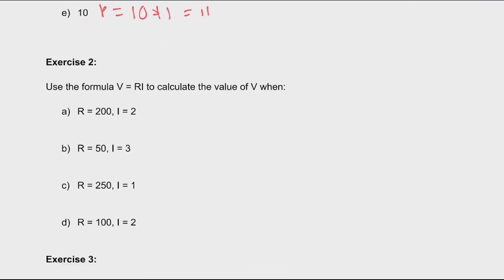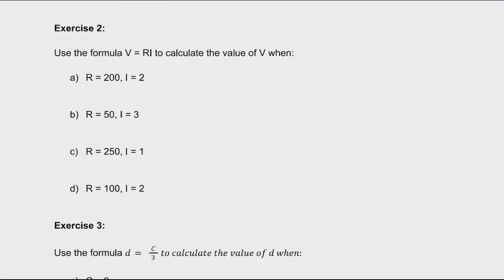Okay, let's try something more tricky. Use the formula V equals R times I, or RI, to calculate the value of V when R is equal to 200 and I is equal to 2. Let's substitute those in. V is equal to 200 times 2, which is 400. What when R is 50 and I is 3?